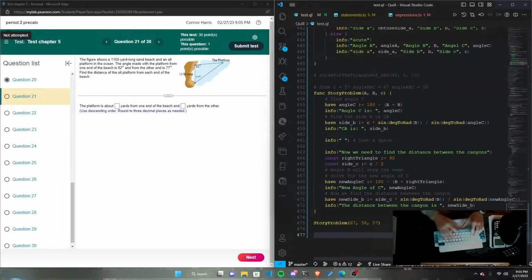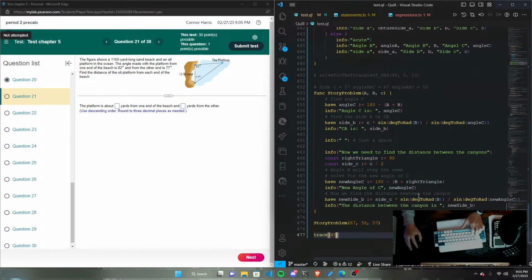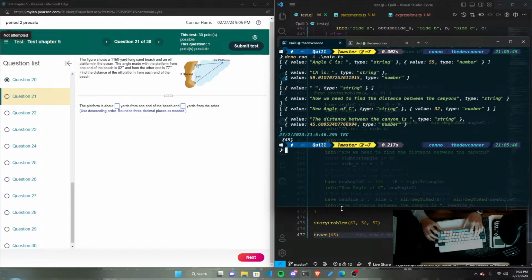I can actually show you. So if I do trace. Oh, okay. So info is like a more debuggy function. Yep. Because if I do trace, you see that trace only prints out the 45. Oh, you have stream delay though. Oh, my bad. I forgot about that. It's not too delayed, I think. It should be like 10, maybe 5 seconds. But if we just trace 45, it will just give us 45.